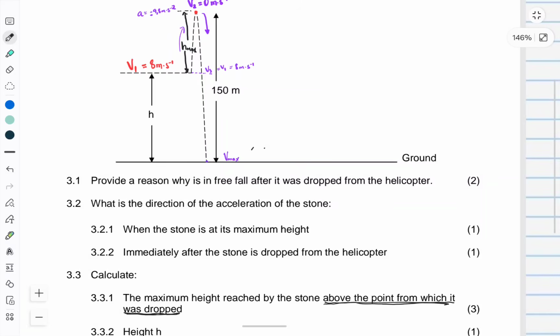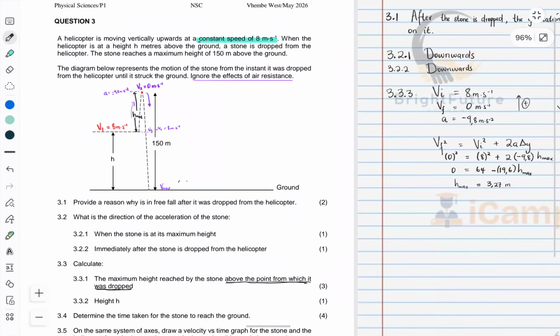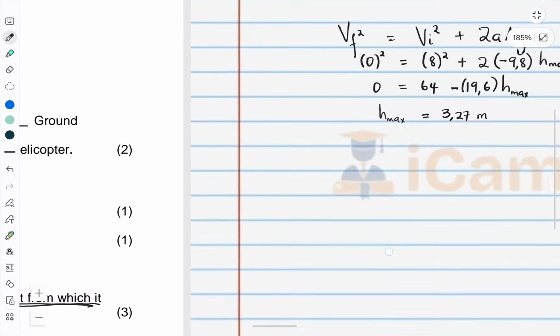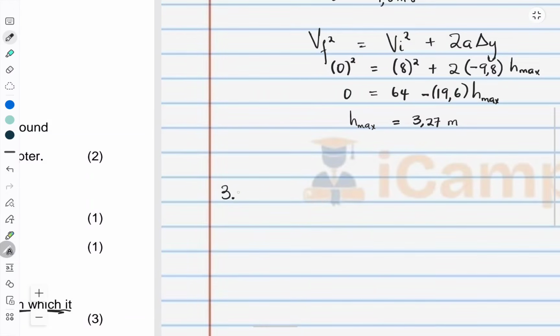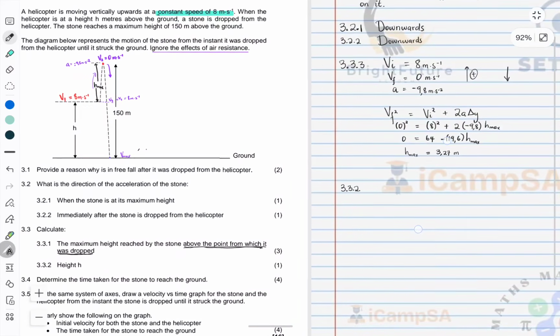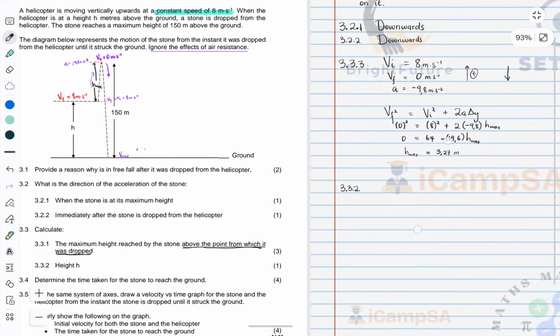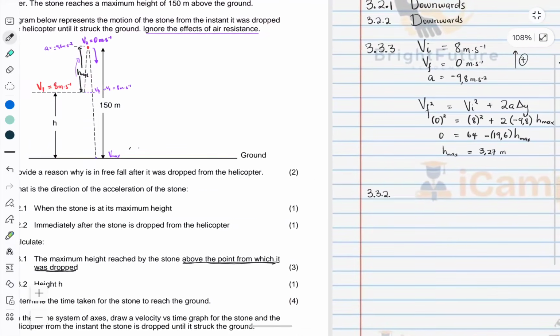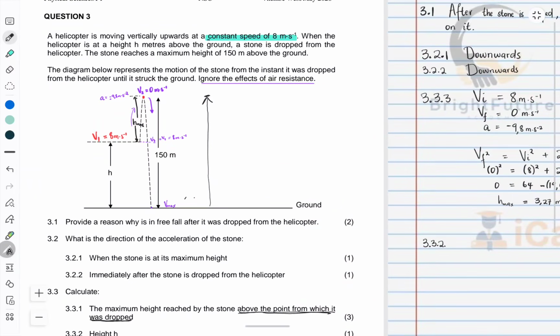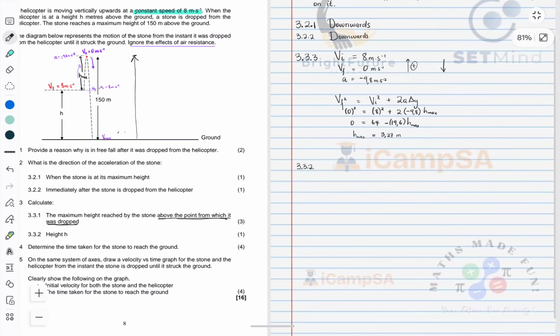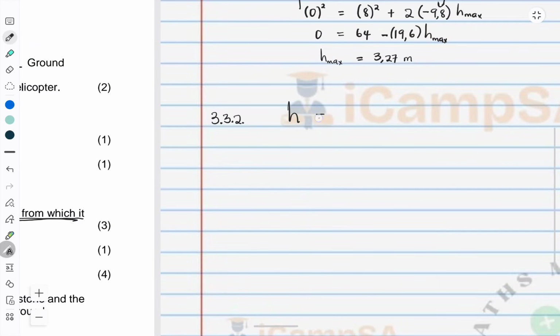Okay, all right, now let's go to 3.3.2. What is the height h? So we can see that the total height from the ground to the maximum point that the ball reached before it dropped down is 150. So height h can simply be the total height minus the one that we just calculated, which is h max.